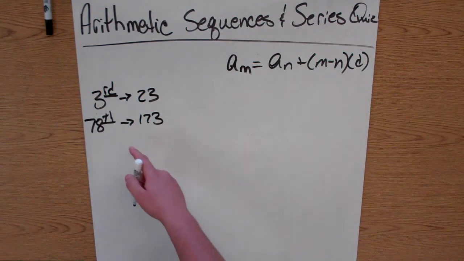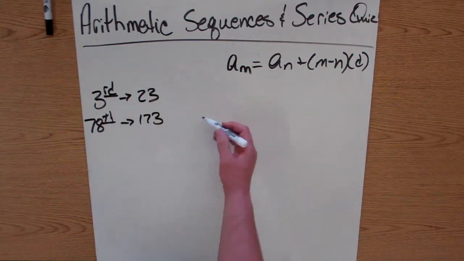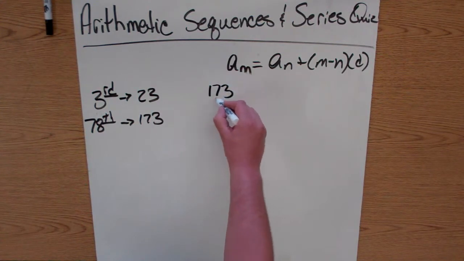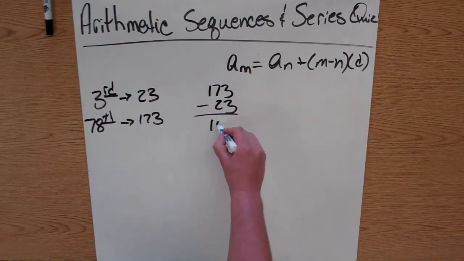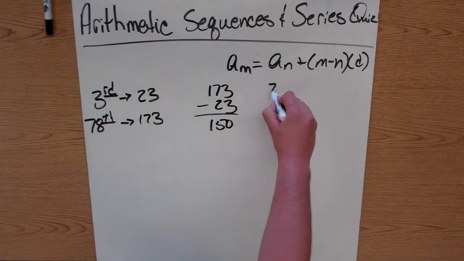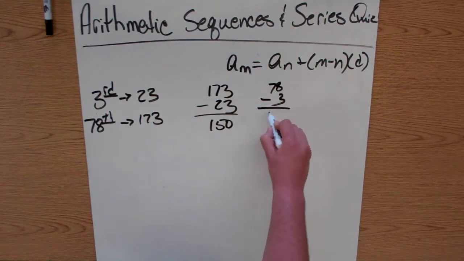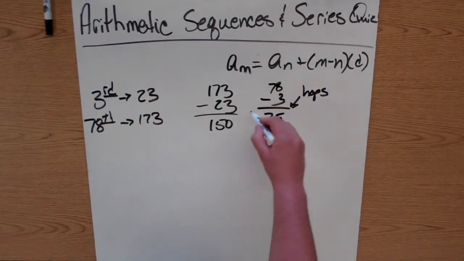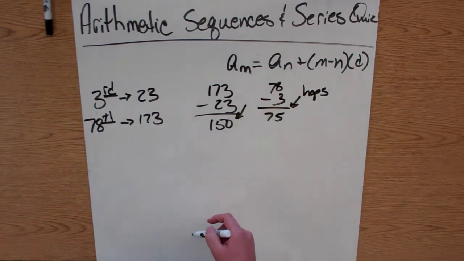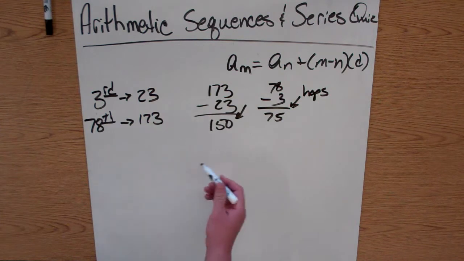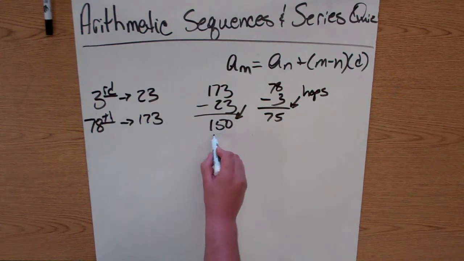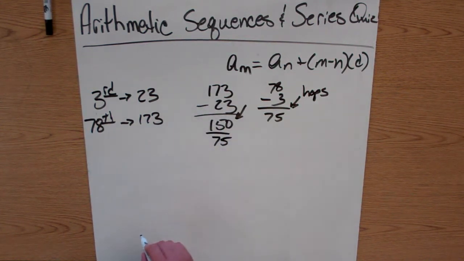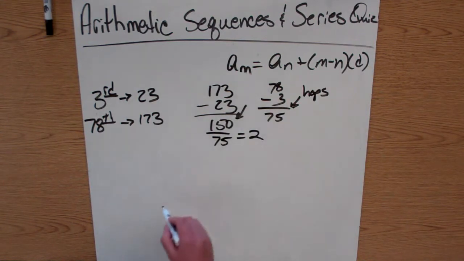So what you want to do is figure out the difference. 173 minus 23 is 150, and then 78 minus 3 is 75. So the 75 is your number of hops, and 150 is your overall difference. To find the difference between terms, you take the 150 and divide it by the 75 hops to get 2.